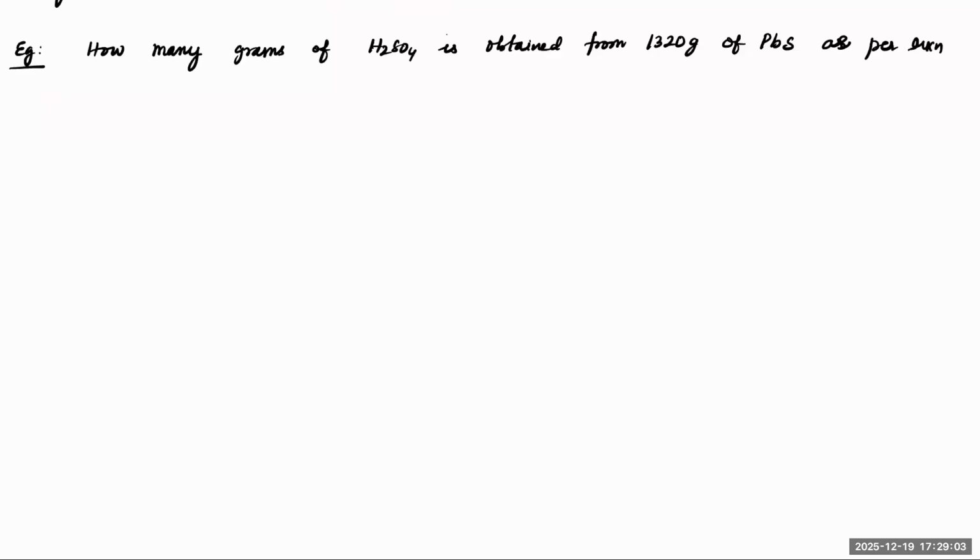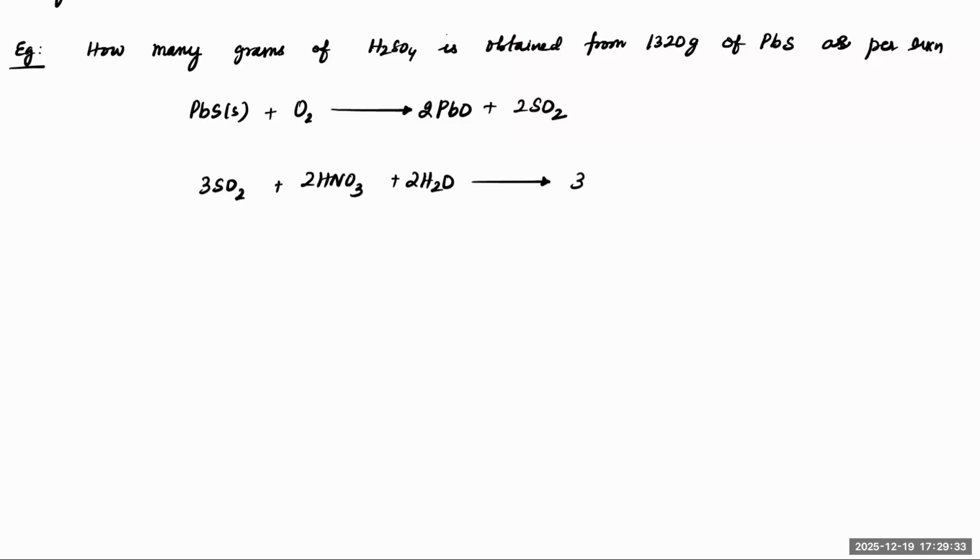Now check out what we have. PbS plus O2 is giving 2 PbO plus SO2. This is the sequence. This is the first reaction given, and 3 moles of SO2 on reaction with HNO3 plus H2O is giving out 3 moles of H2SO4 plus 2 moles of NO. This is how the reactions have been related.